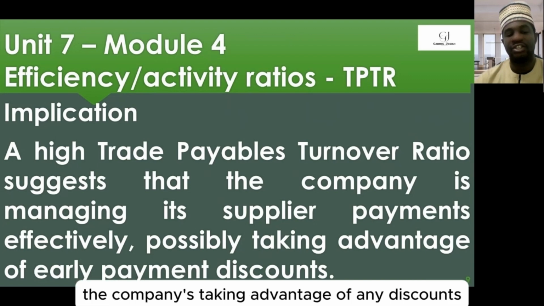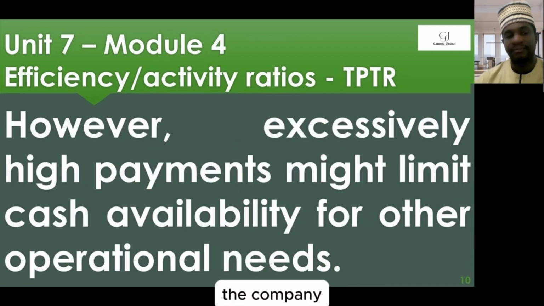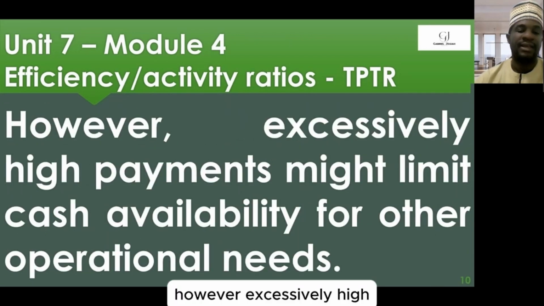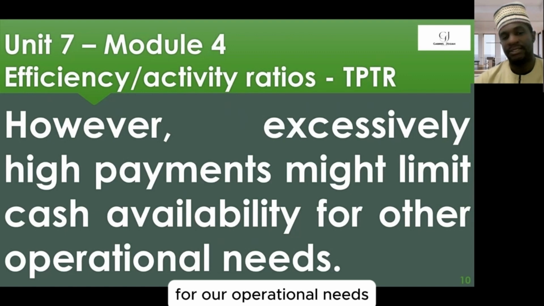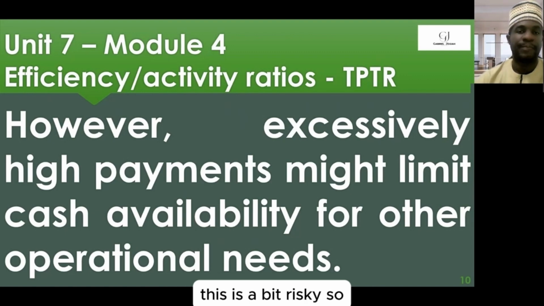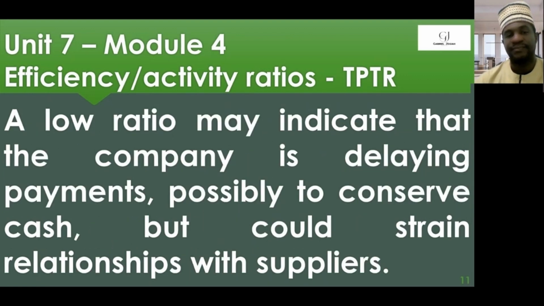The company is taking advantage of any discounts and other terms that favor the company. However, excessively high payments might limit cash availability for other operational needs. This is a bit risky. So balance needs to be struck and provided in such context.